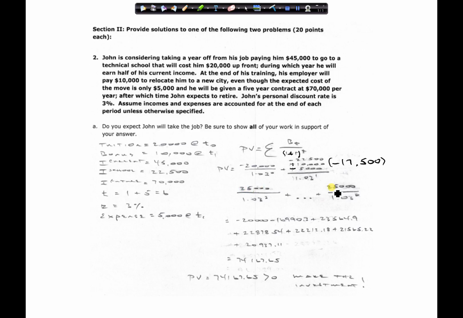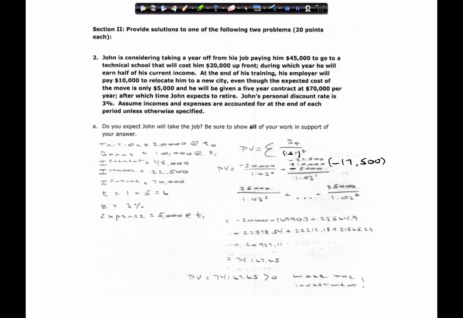And in this case, it's $25,000 each year, which happens to be the difference between the $70,000 future income based on his contract, and his $45,000 current income. The difference between those, or the income change, cash flow change, he'll experience as a function of participating in this investment is $25,000, and it's a positive.